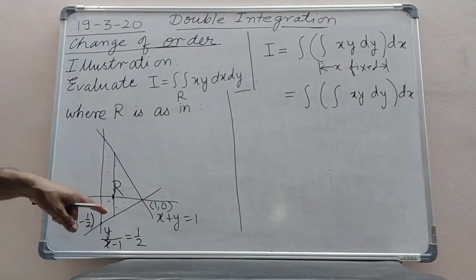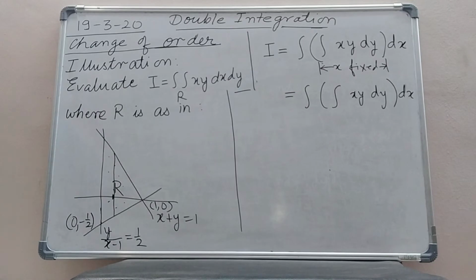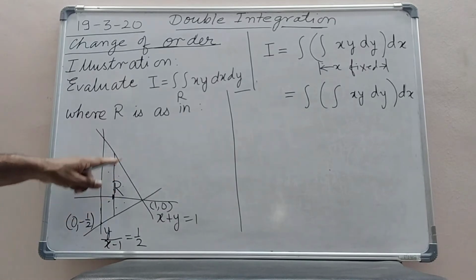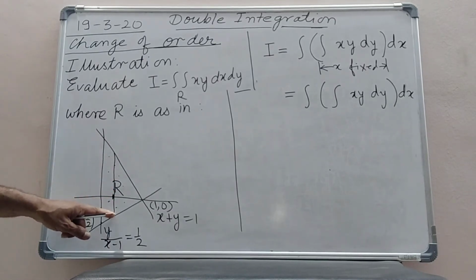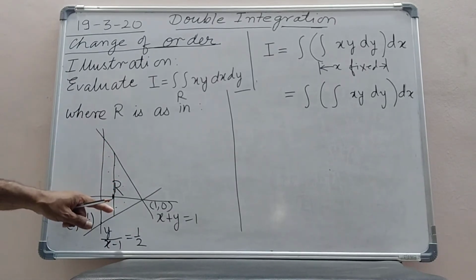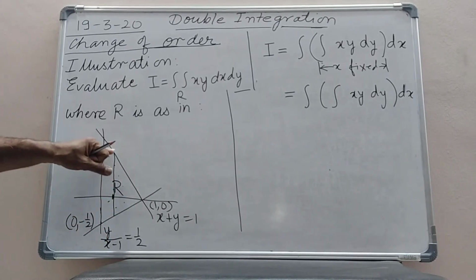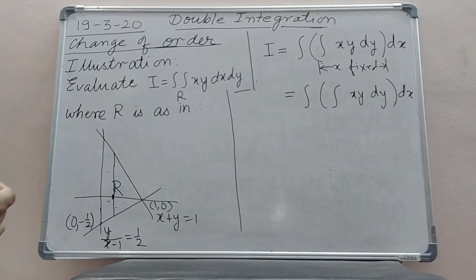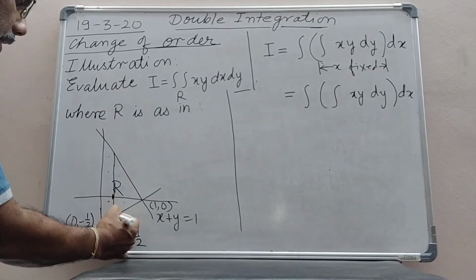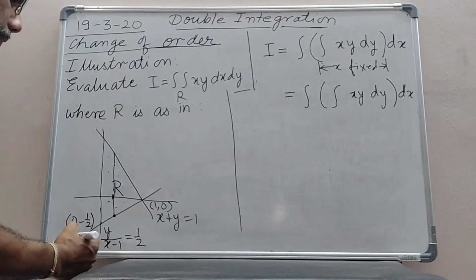This is going to help me decide the lower limit and the upper limit of y. So once x is fixed, what is changing is y. So along this line, y is changing, and it changes from the y corresponding to this particular point up to the y corresponding to this particular point. Now what is the value of y for fixed x for this particular point?